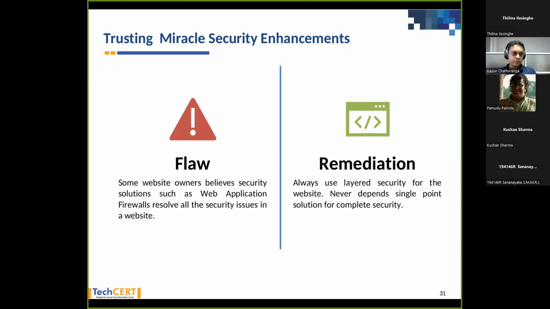Remember the beautiful Sigiriya I showed, with its 5 defenses, 3 ramparts, and 2 moats, which existed in ancient days. That sort of security we should develop for a web application or a website.